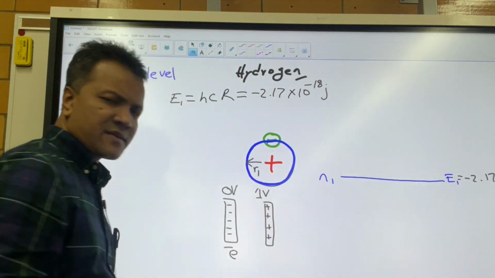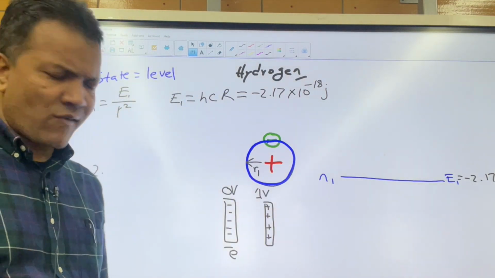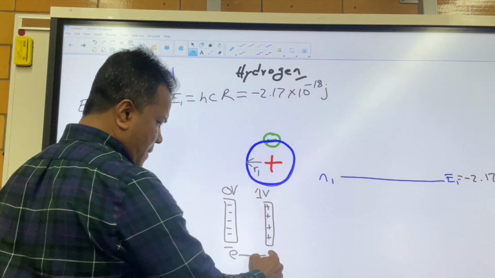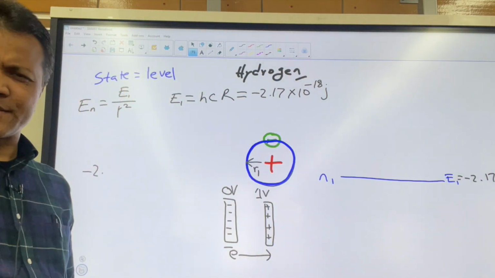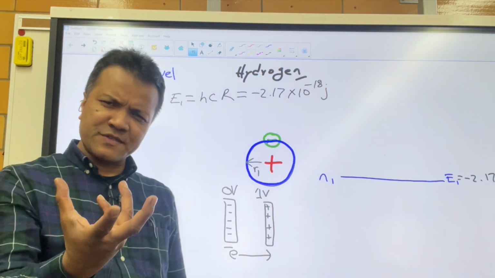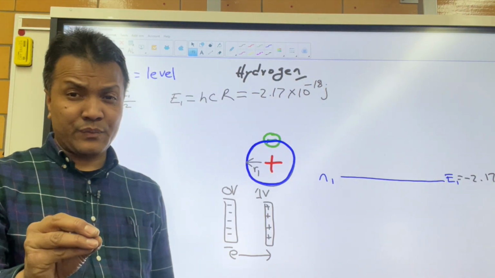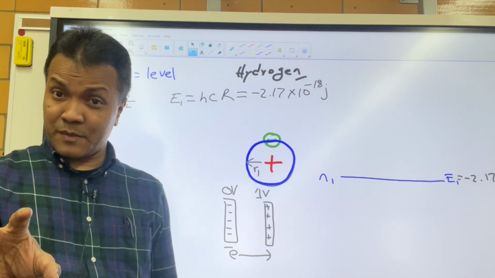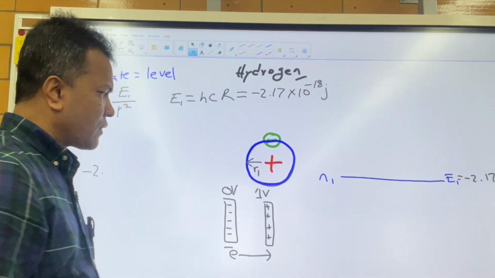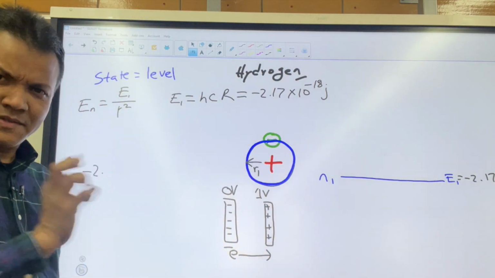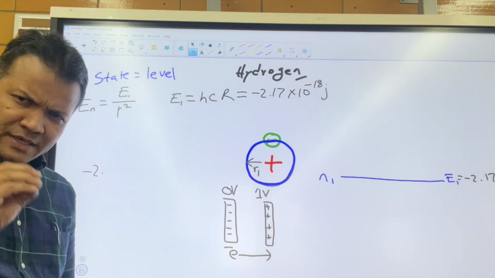That means the potential difference is 1 volt. If the electron moves between these two plates, whose potential difference is 1 volt, we want to know the electron volt. So that gives 1 electron volt. That gives how much? 1 electron volt.